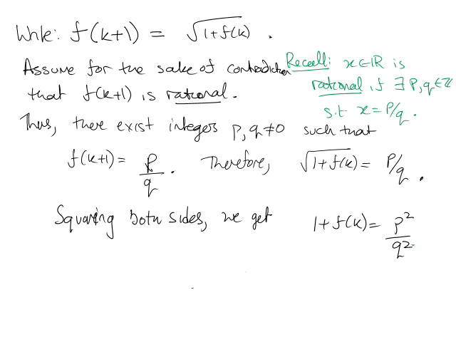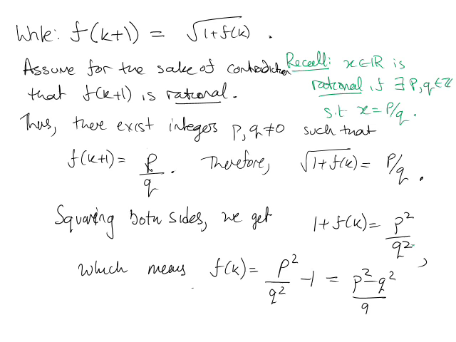And now you can see that this is a problem. If you rearrange this, f of k equals p squared over q squared minus 1, which is p squared minus q squared over q squared. And why is this a problem?